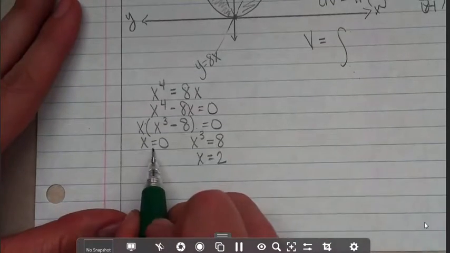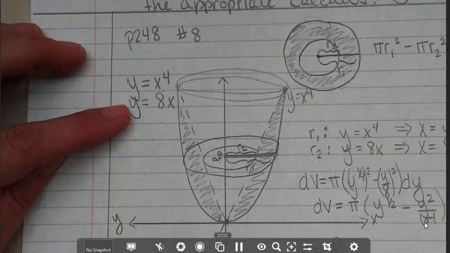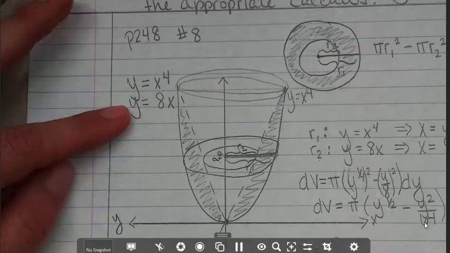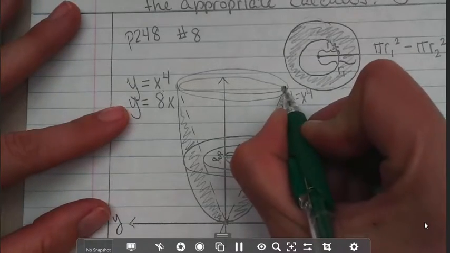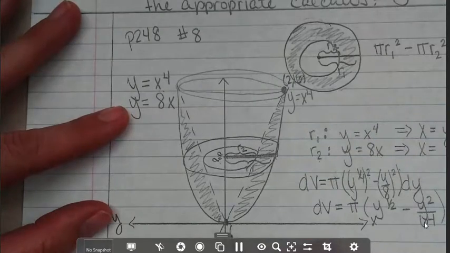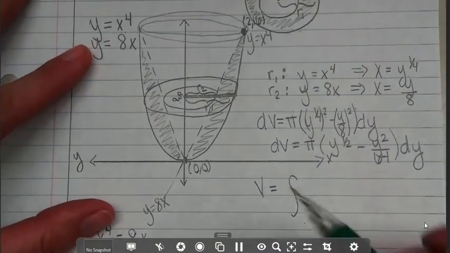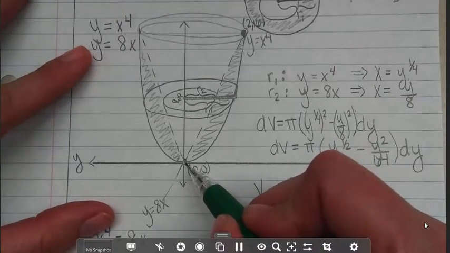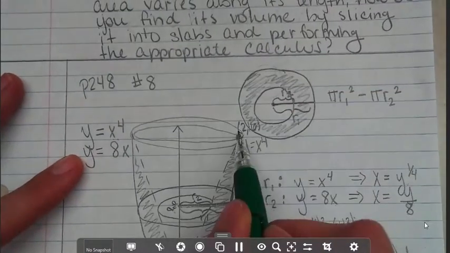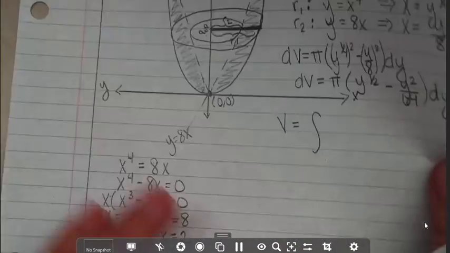Okay, so when x is 0, well, just going back to these, when x is 0, y is 0. And when x is 2, y is 16. So I know that this point here is (2, 16), and this point here is (0, 0). So my limits of integration are going to go from the smallest y value up to the highest y value, which is 16 on the y-axis.